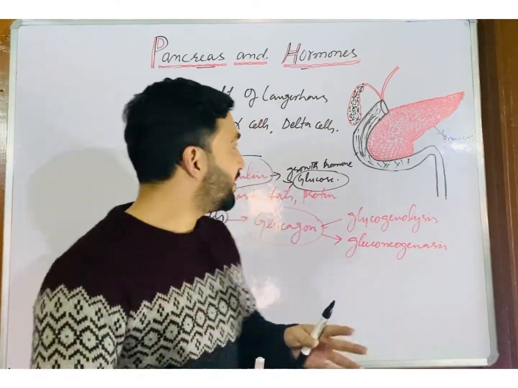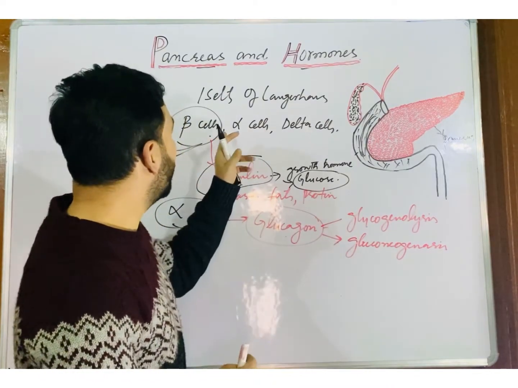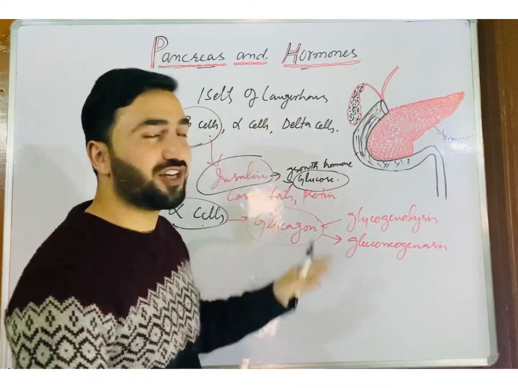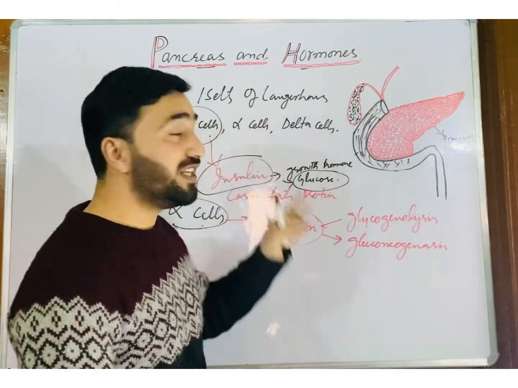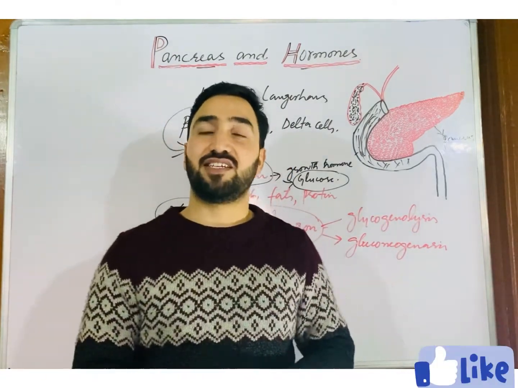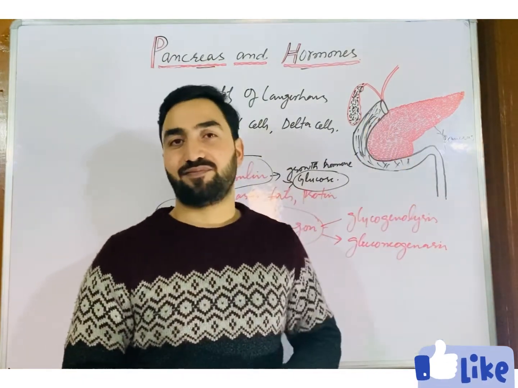That means it suppresses the function of the beta cells and the alpha cells, in other words it regulates their function. And this was the function of the delta cell.